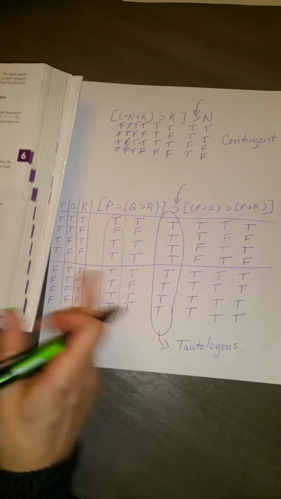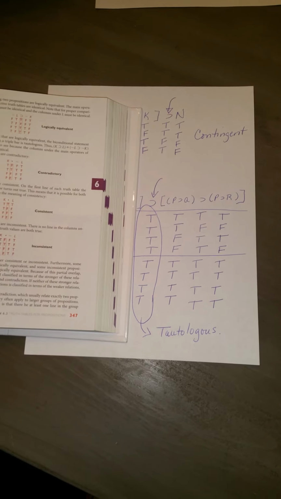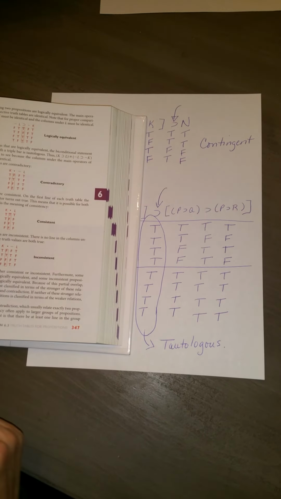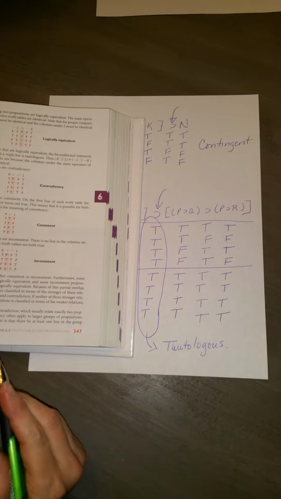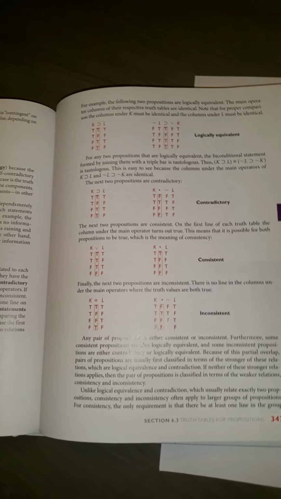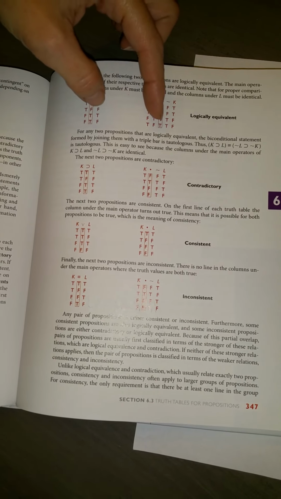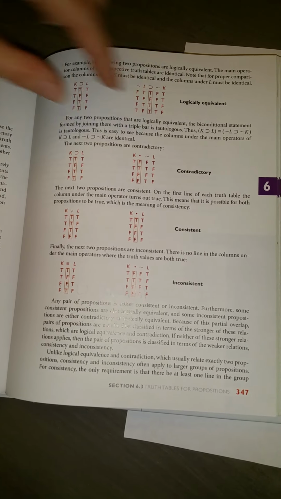Okay, so that should give you a good idea of how to do 1, 2, or 3 letters, which is the most that you will have. And then the other exercise that you have to do, I'm not going to do it again, is in the second part, they give you pairs of statements, and you're going to do the truth table for the pairs, and then you're going to compare their main operator column.